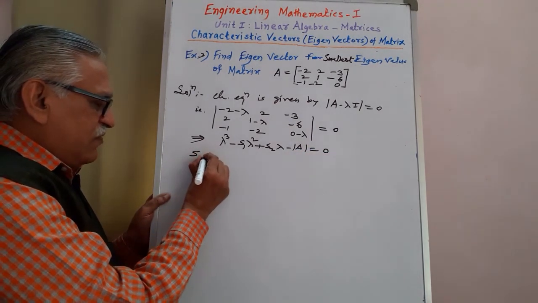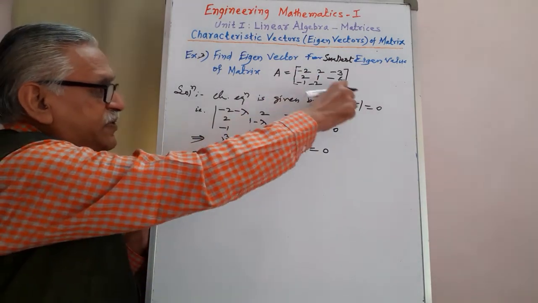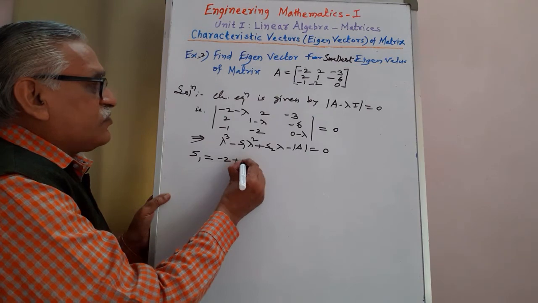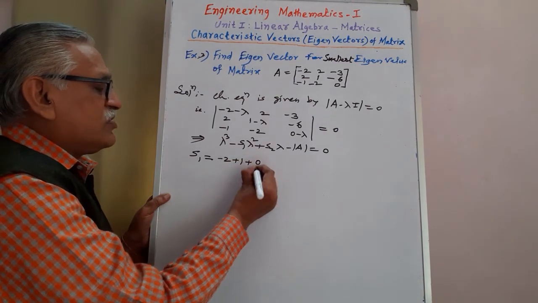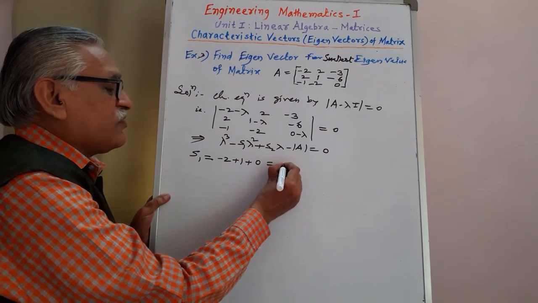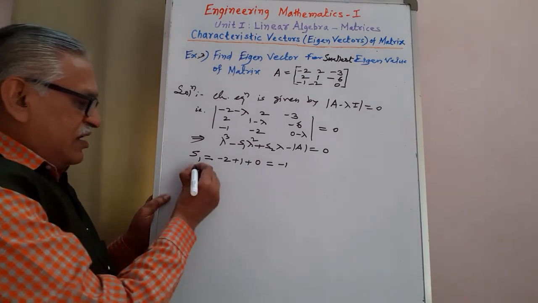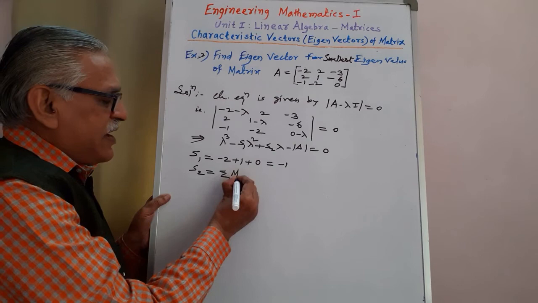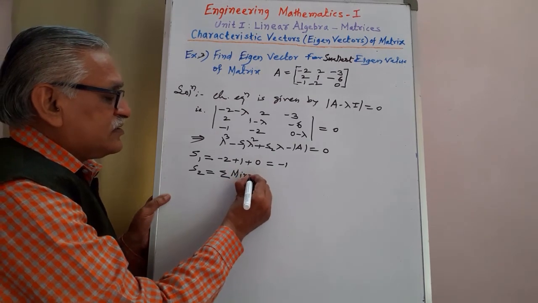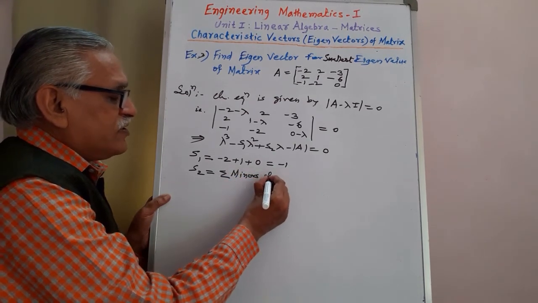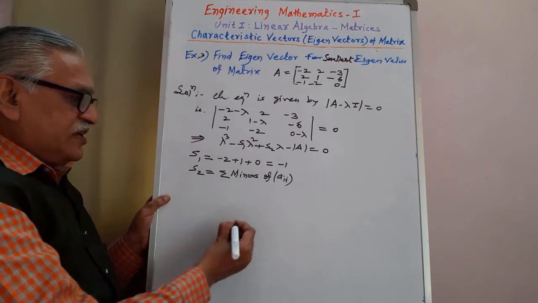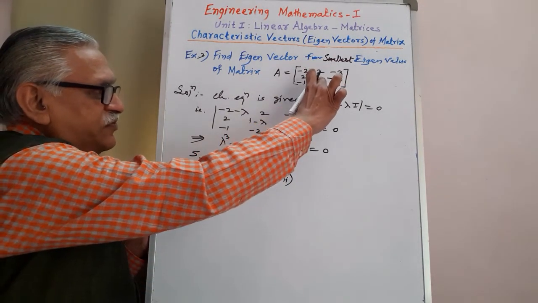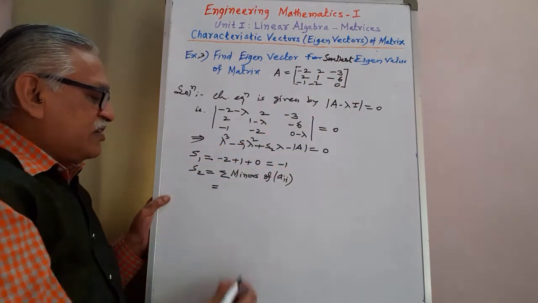where the value of s1 is the sum of the principal diagonal elements, minus 2 plus 1 plus 0, minus 2 plus 1, we get minus 1. S2 is the sum of the minors of the diagonal elements, so it equals the minor of the first, the minor of the second, and the minor of the third diagonal element.